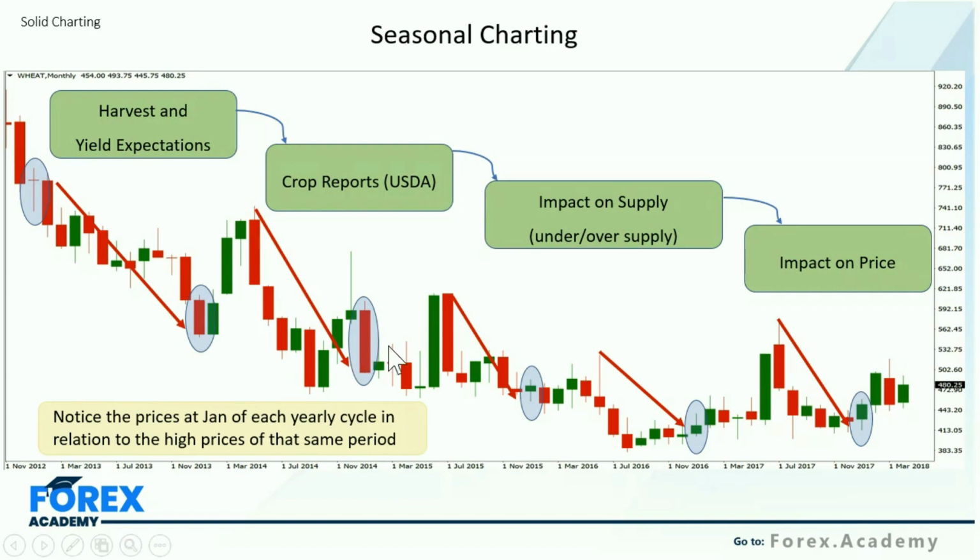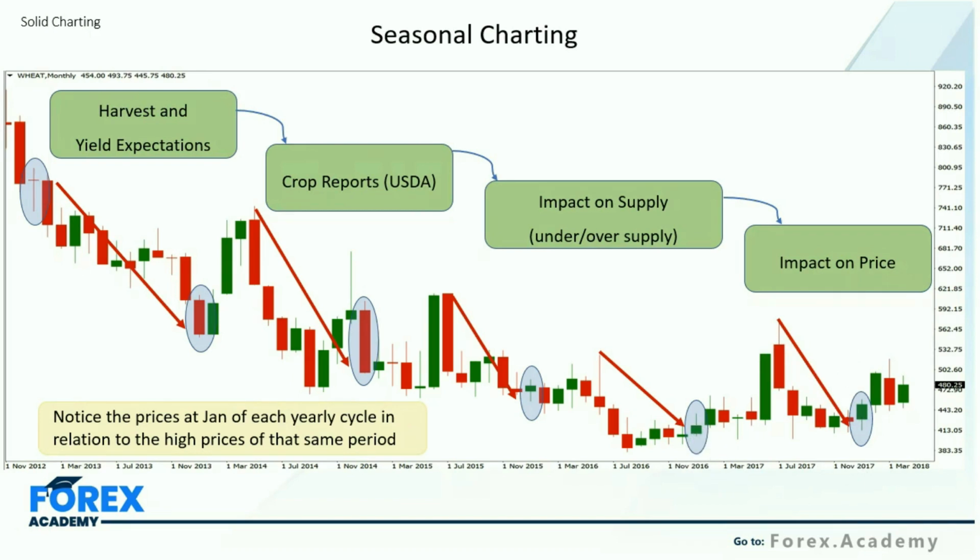But if those that analyze these charts from a seasonal charting perspective can identify when these prices are pushing higher, and they have an understanding of potential harvest and yield expectations, and they analyze crop reports, and they understand the impact that can have on the potential under or oversupply of a particular commodity, they'll have an understanding of the impact that might have on price and look for opportunities to either sell these higher prices, with the potential to maybe even buy the lower prices.